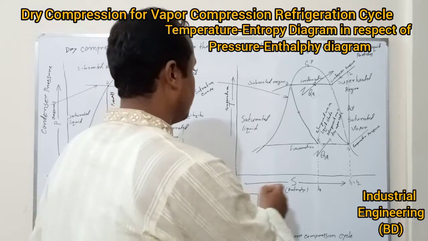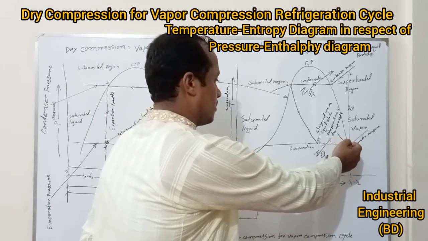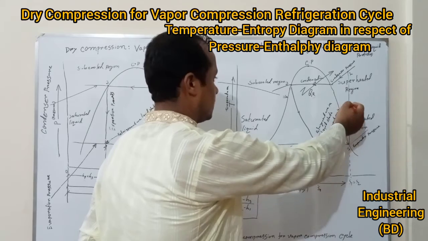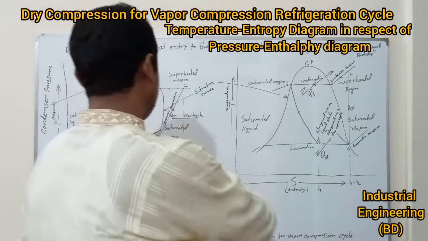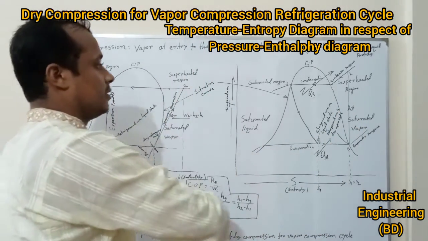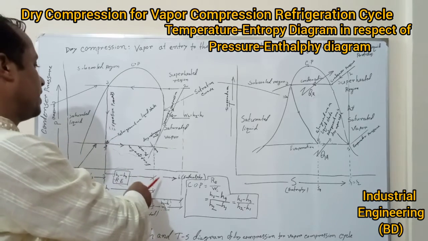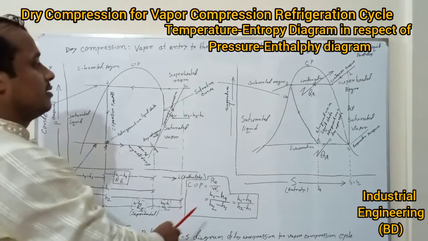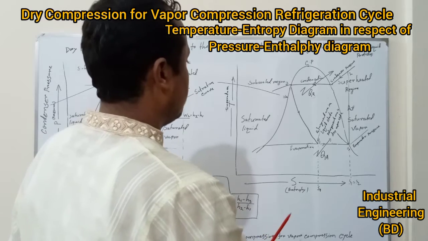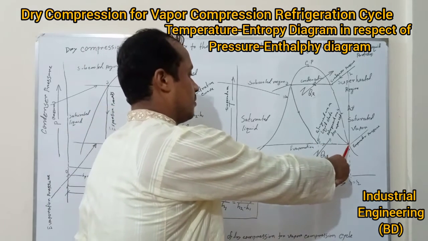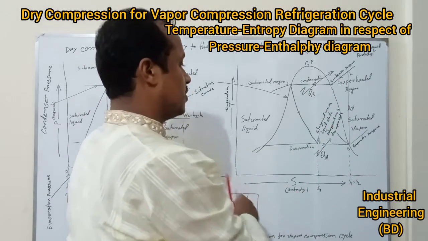So we can write 1 to 2. Here the temperature increases because of the pressure increase. Since we see that in the pH diagram the pressure increases, also in the TS diagram the temperature increases because of the pressure increase.